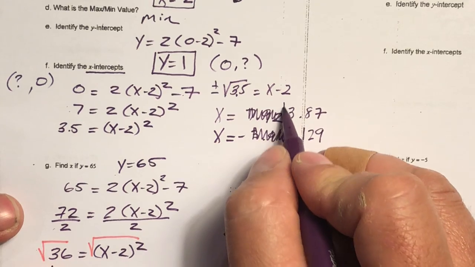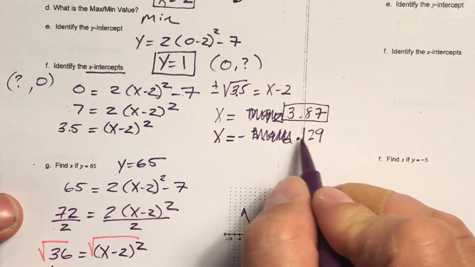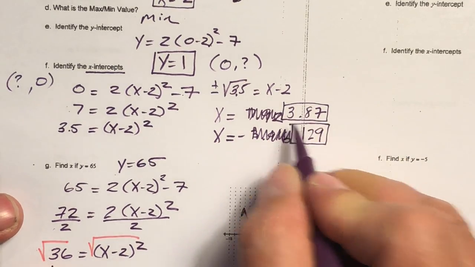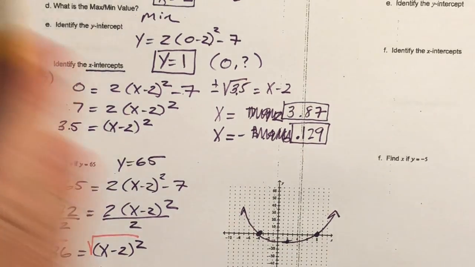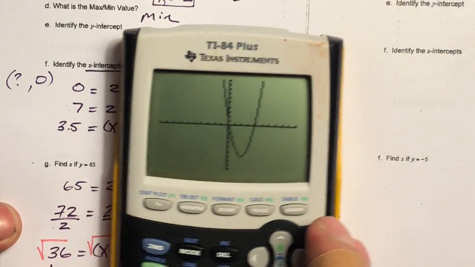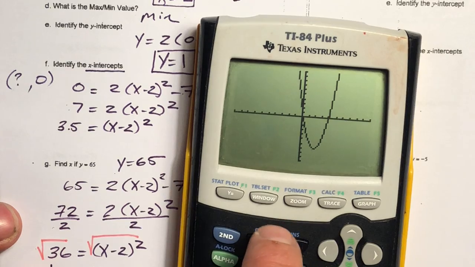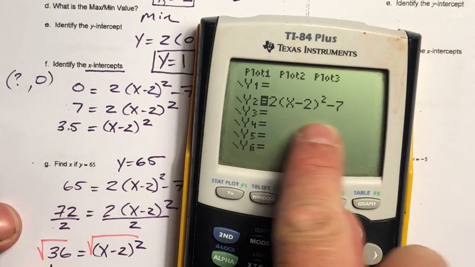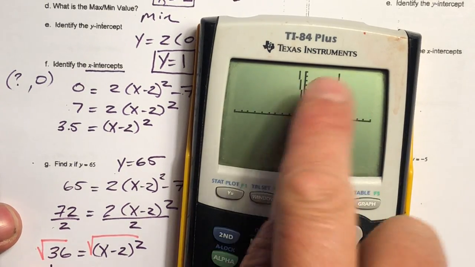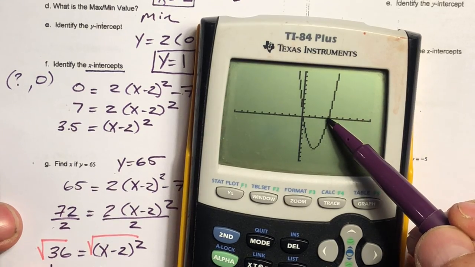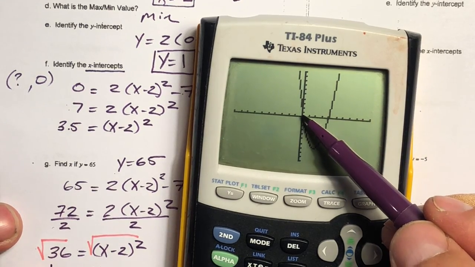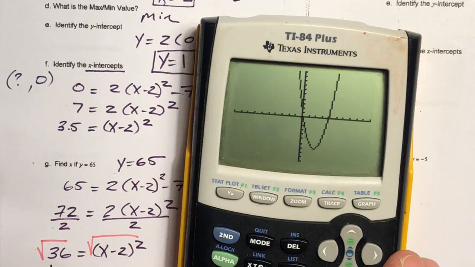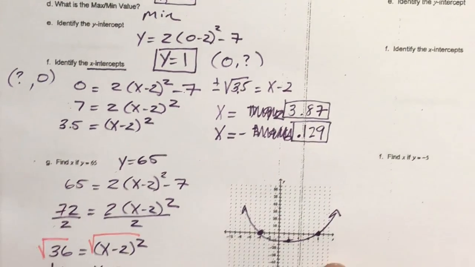And I got these two values right here, 3.87 and 0.129. If you're going to use your calculator to double check, I took my equation, plugged it in, graphed it, and that looks like about 3.8 and about 0.12. So those are in the right spot.